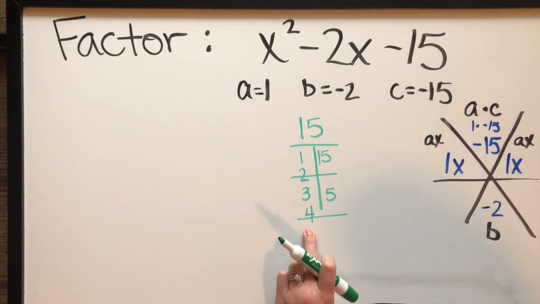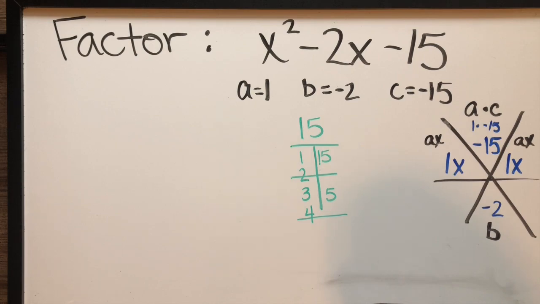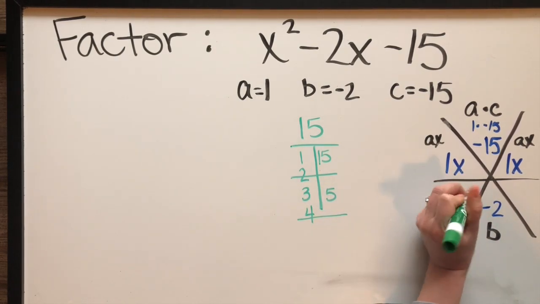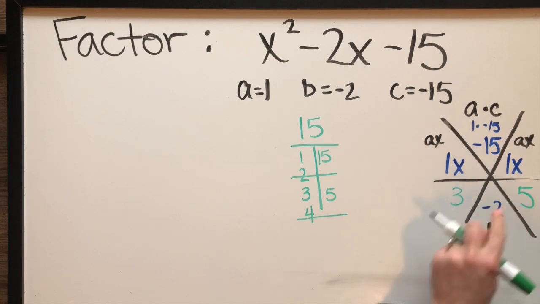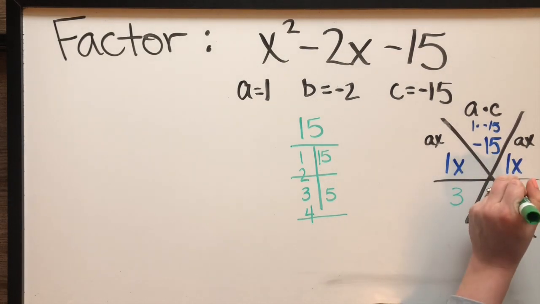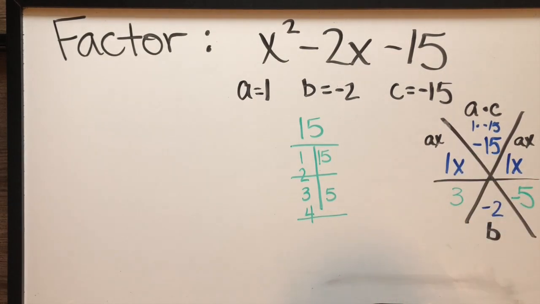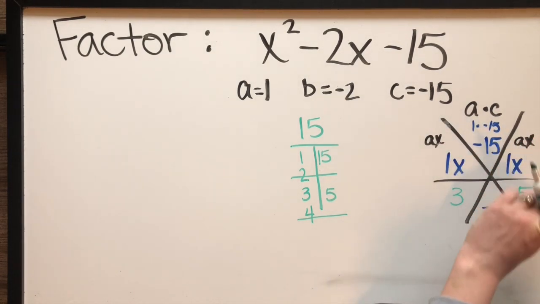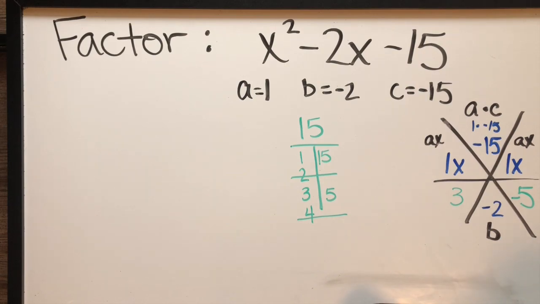I already put 5 on the list, so I don't need to keep going. 1 and 15 cannot add to -2, but 3 and 5, I can use 3 and 5. And again, since the bottom number is negative, I know the bigger number should be negative. So now my star has 1x over 3 and 1x over -5.